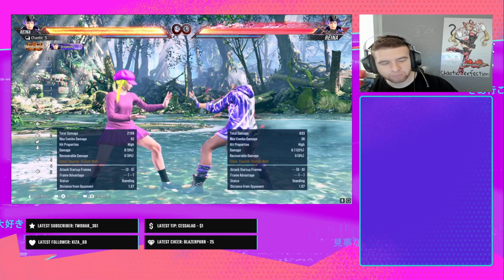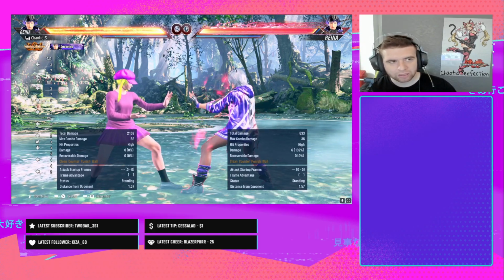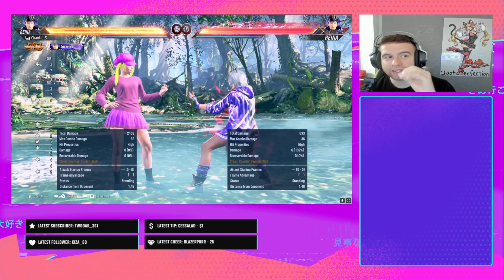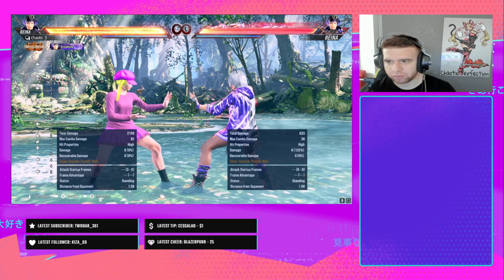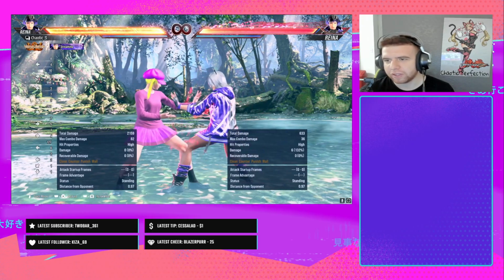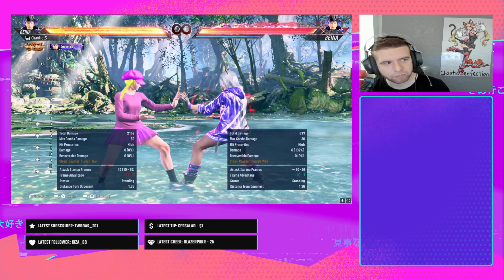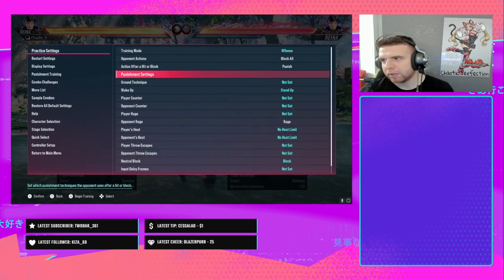So when something is -9 or lower, so -9, -8, -7, that's all safe, but it gives up your turn, right? Most of the time it gives up your turn. So for instance, if I do 1-1, right? You see in the bottom left, I am -1, right? So if I'm -1, right?